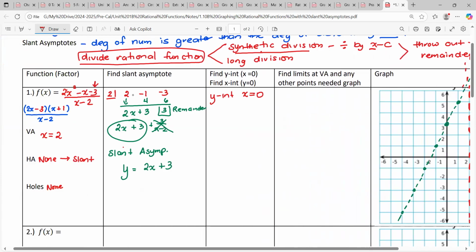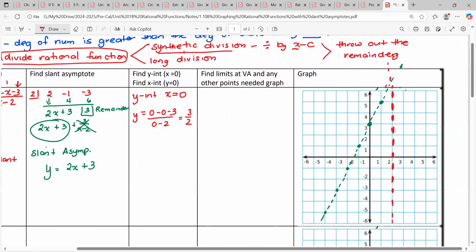So if I plug in 0 in the original equation, I like the original one. Why? Because I just end up with 0 minus 3 over 0 minus 2. And what is that? -3 over -2, or positive 3/2, which is 1.5, right?